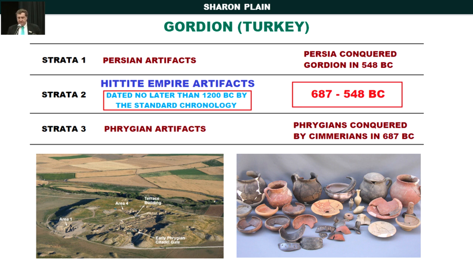In the top 2 layers, there was found a mix of Greek pottery from the 7th century BC with Hittite seals and pottery supposedly dated to the 13th century BC. Now, the archaeology at these 2 sites, amongst other evidence, demands a much later date for the late Hittite Empire. Because this empire gets its date from a clear synchronism with Ramses the Great, that would also demand a similar reduction in the date of the reign of Ramses the Great.